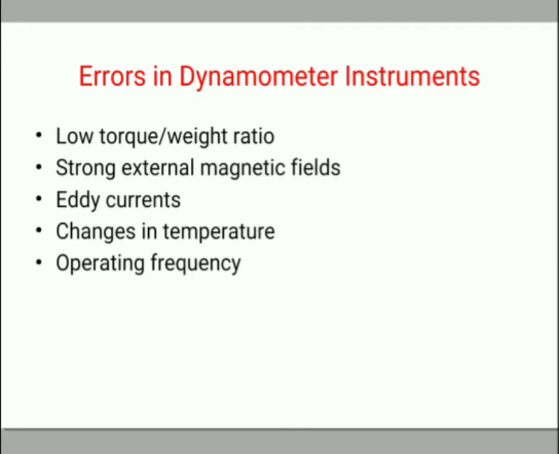Similar to the dynamometer voltmeters, frequency errors also affect the dynamometer ammeters. To reduce them, the current ratio of moving coil and the fixed coil in the ammeters must be made frequency independent. So these are some errors in dynamometer instruments.